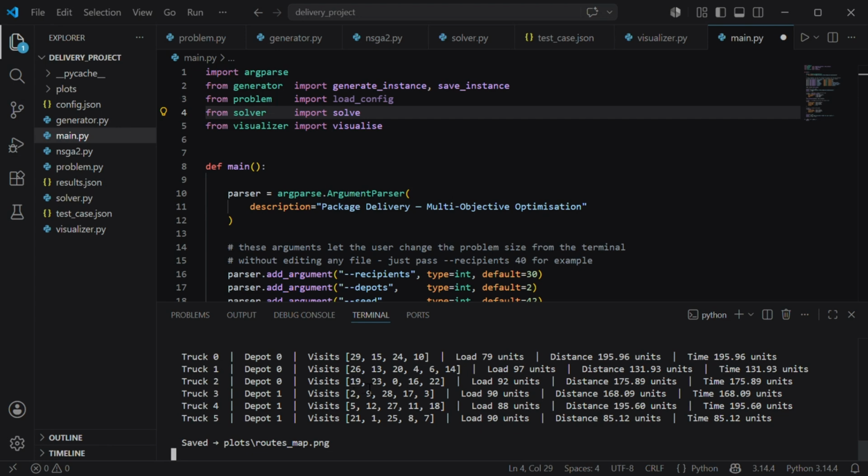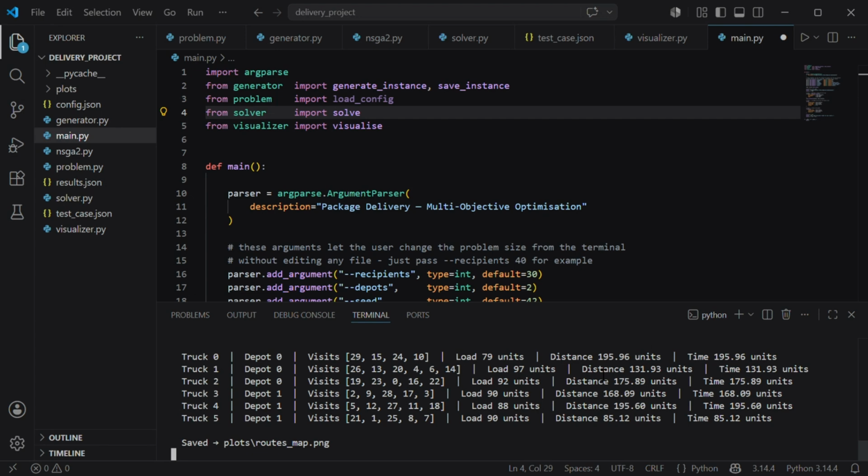So truck 0 left depot 0 and visited customers 29, 15, 24, 10, in that order, carrying 79 units and drove a distance of 195 units.